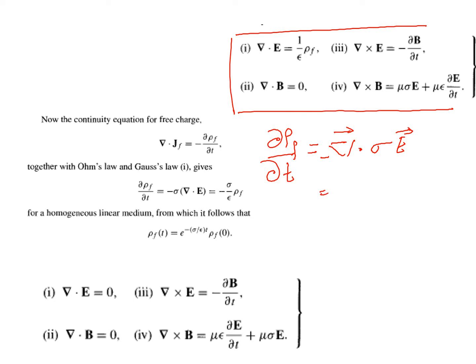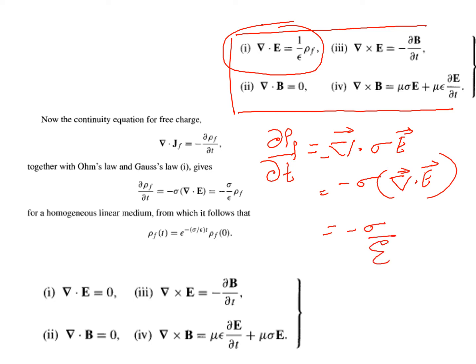With a slight rearrangement, this is minus sigma times del dot E. But from the first Maxwell equation, Gauss's law, we can substitute this as minus sigma divided by epsilon times rho f. So dou rho f by dou t is equal to minus sigma by epsilon times rho f.